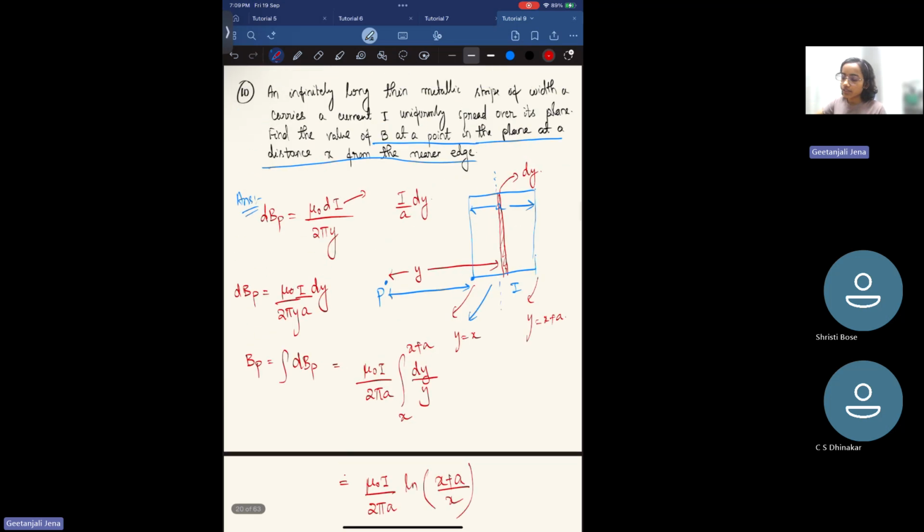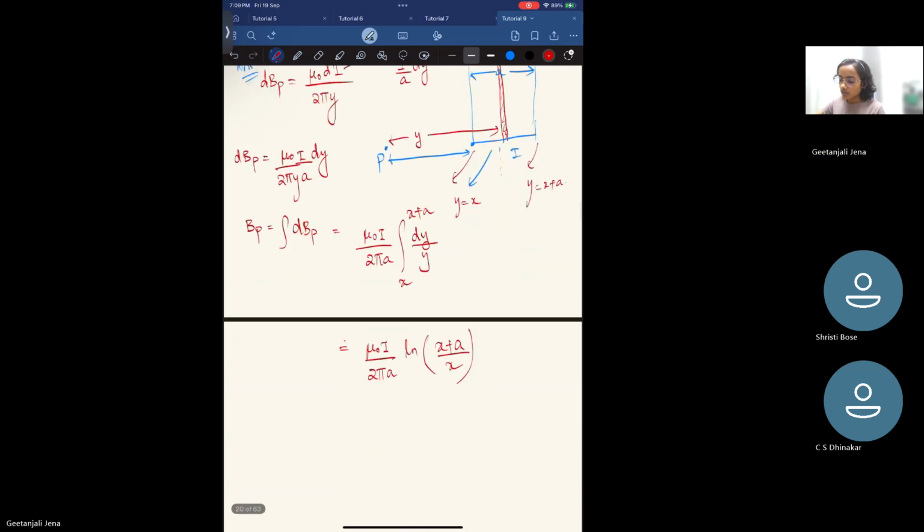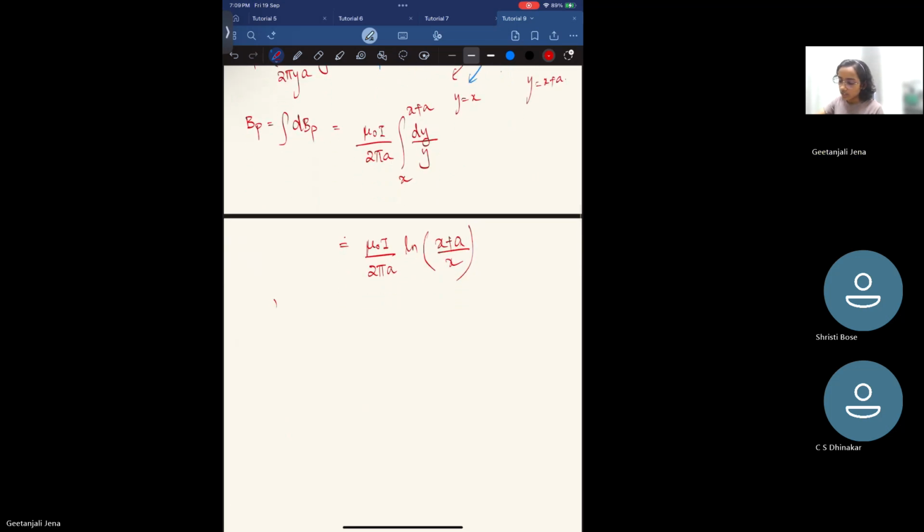It's given that it's a thin metallic stripe, so a is much less than x, and you can do an approximation. ln of (x plus a) by x is ln(1 plus a by x), which is approximately a by x when a is much less than x.